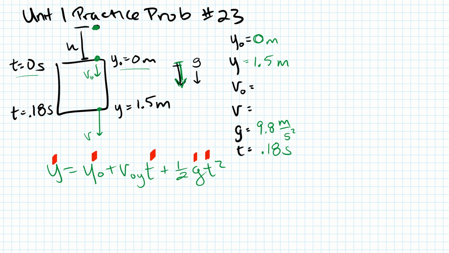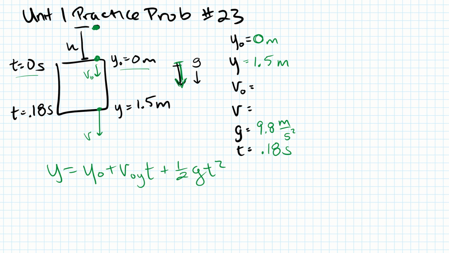The only thing we don't know is v naught y. And we are asked to find, in part A, that velocity at the top of the window. So this equation is going to be helpful, and that's why I chose that equation.